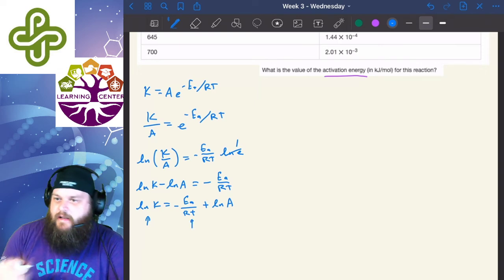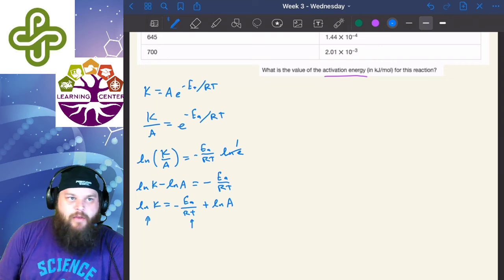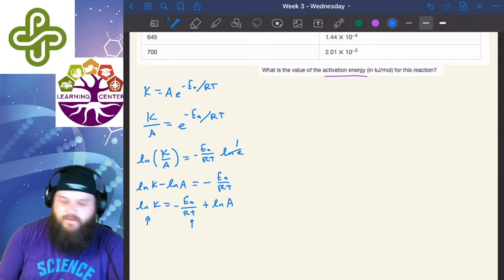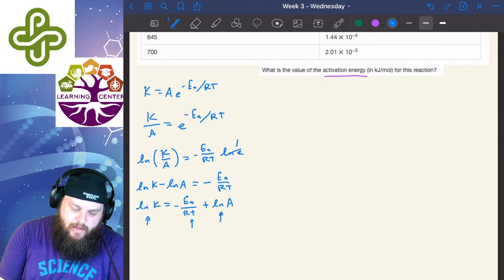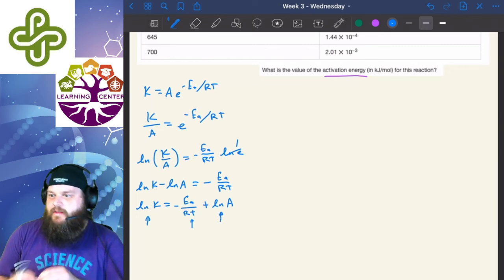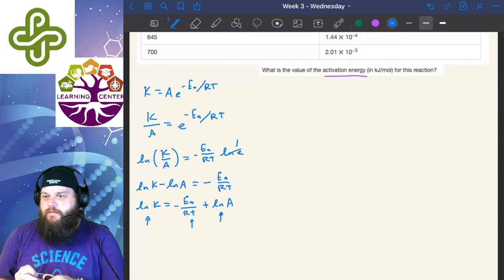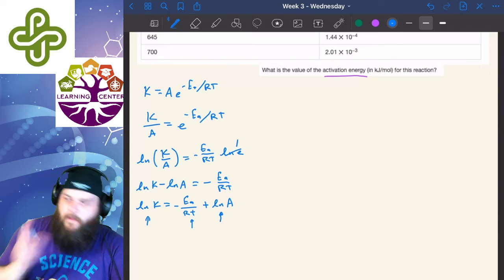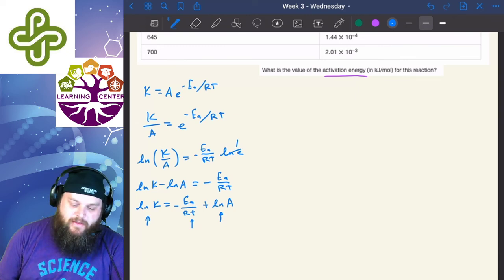Ea is activation energy, that should be approximately the same, and R is going to be a constant as well. So ln of A is that frequency factor that's determined based off of all the different types of molecules that you have there, which ends up being our y-intercept, where it intercepts the y-axis.